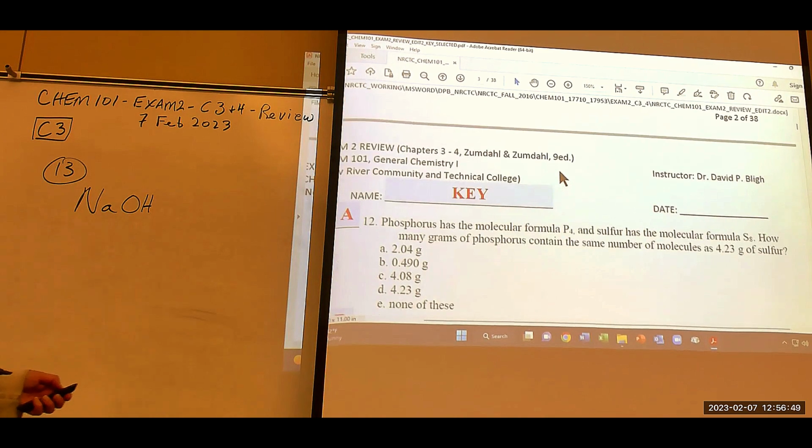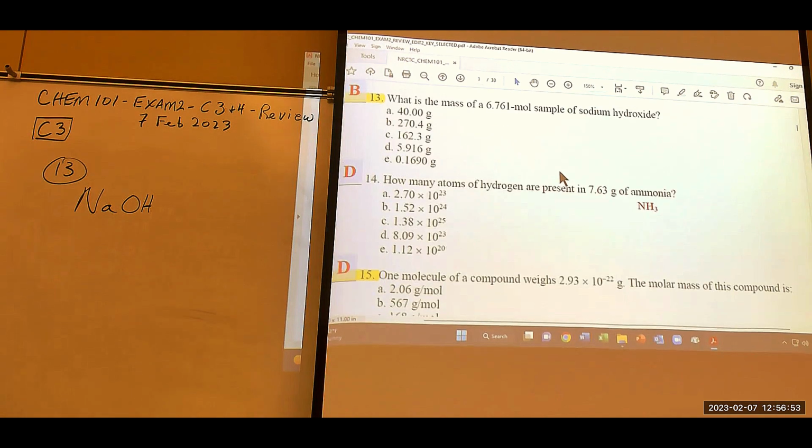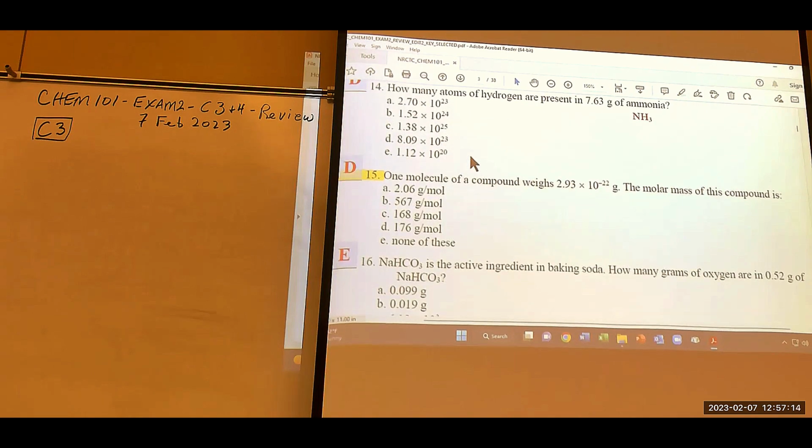Oh, no, 12's not marked, not even 12, gotcha, okay. So once you know that, you can add up sodium, oxygen, hydrogen, find your molar mass and convert it to grams.